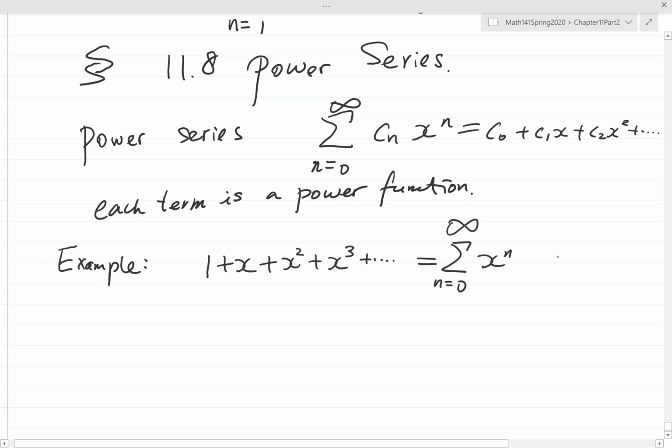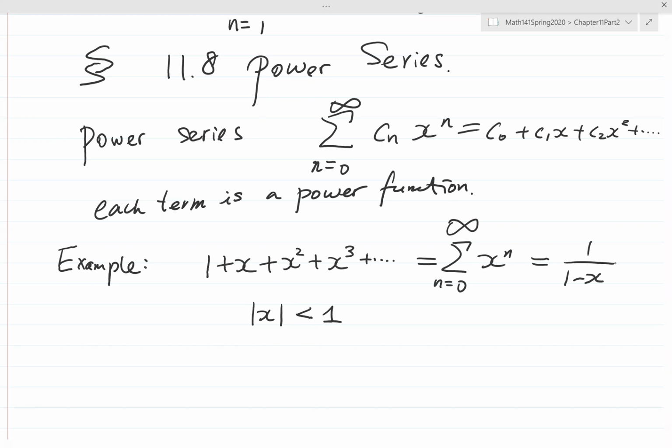We already know this. Here we assume the absolute value of x is less than 1, so this is a geometric series with common ratio x. So we can write down the sum: this power series is simply 1 over 1 minus x.